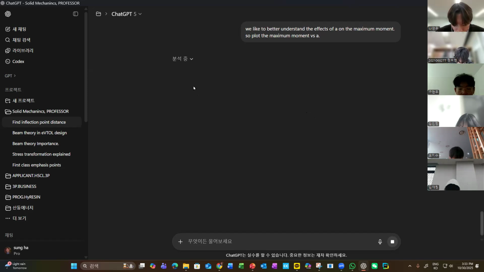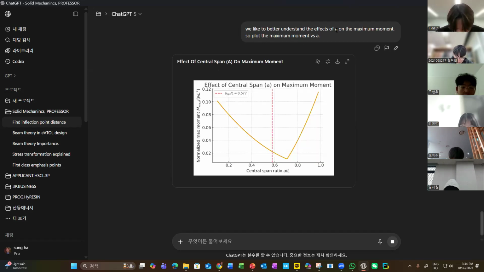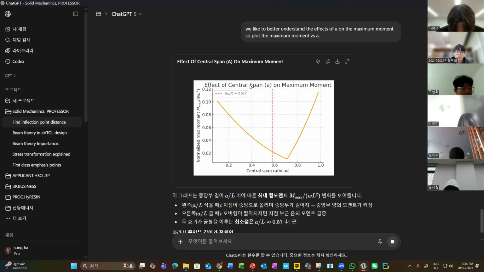I'm sure it takes a little more time because we like to understand the effect of A, means that we like to, okay. So effect of central A on the maximum moment.